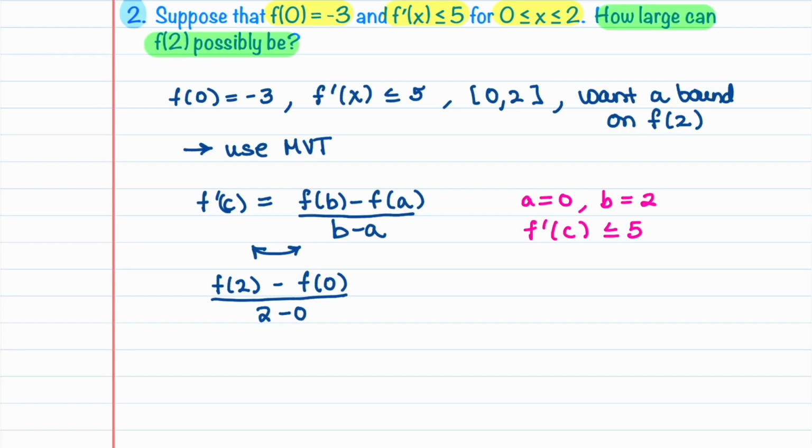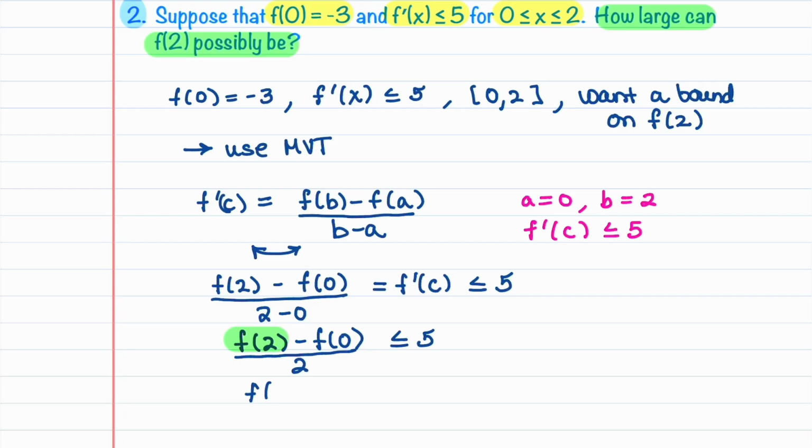And this is equal to f prime at c, which is less than or equal to 5. So we have f at 2 minus f at 0, all divided by 2 is less than or equal to 5. We want to find a bound on f of 2, so that's what we're going to solve for.